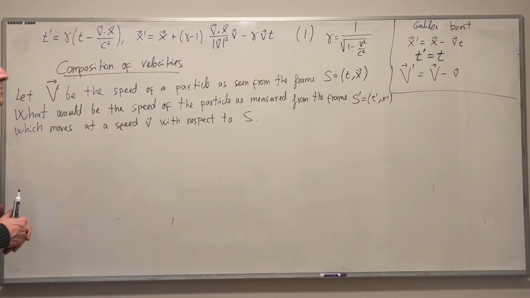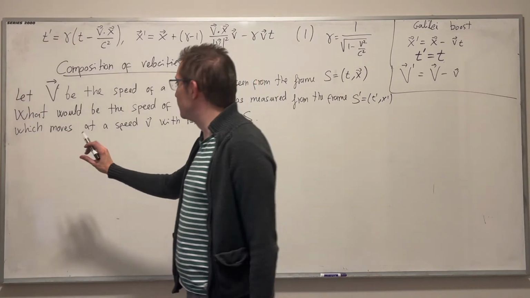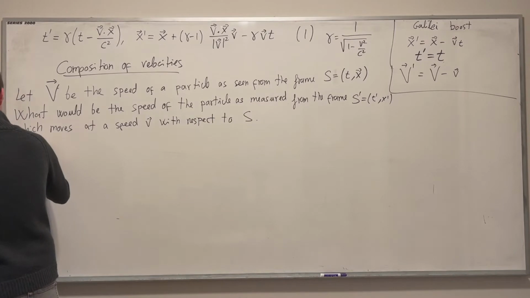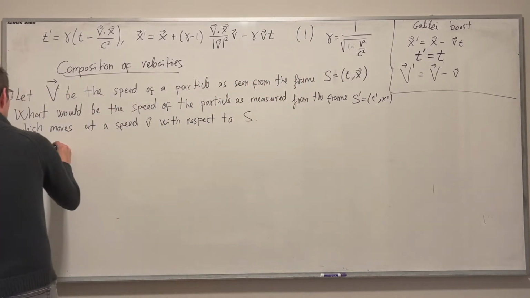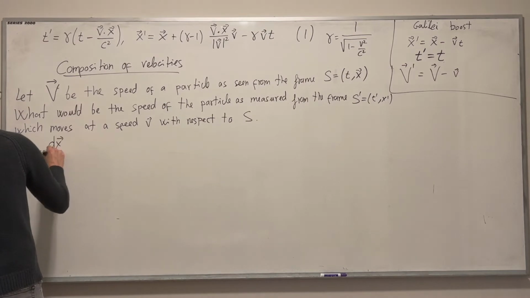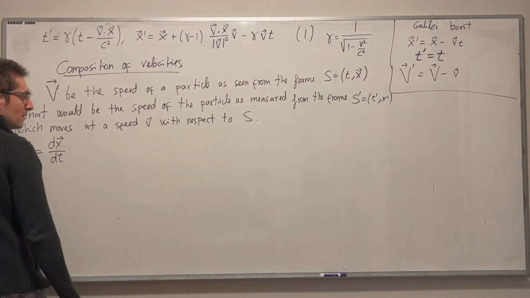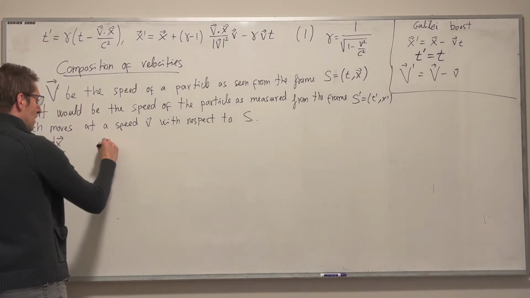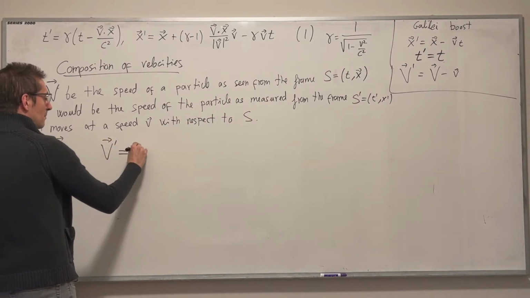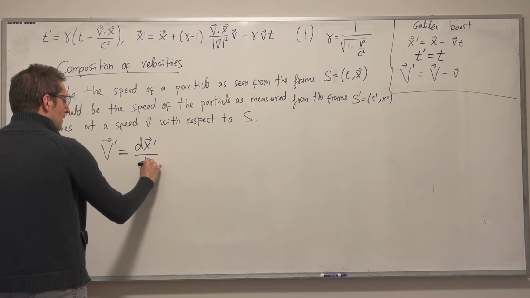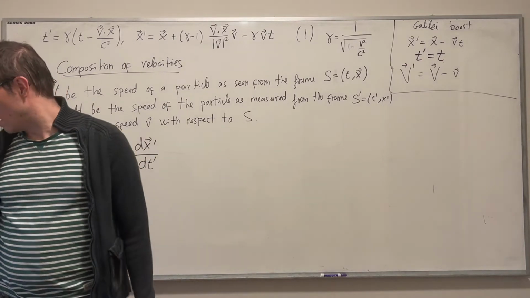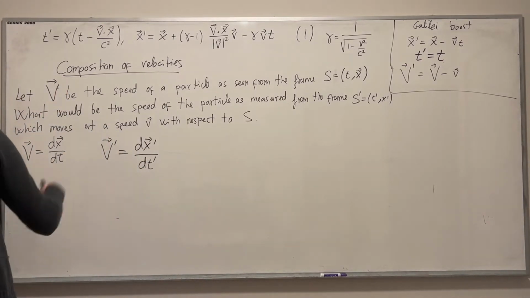What is the composition of velocities, all right? So what is V? We know that V is, of course, the variation of the position with respect to the time in that frame. So capital V is dx without primes over dt. Wonderful. What is capital V prime? Well, capital V prime is the same thing, but from the reference frame of the prime system, right? dx prime over dt prime. All right, so we can actually use the chain rule here.